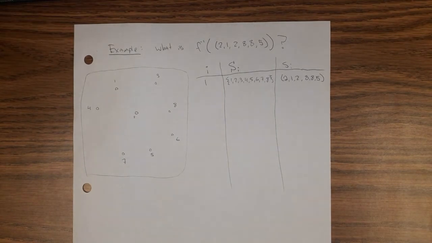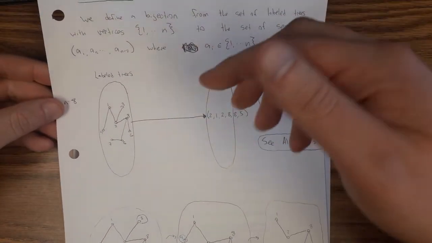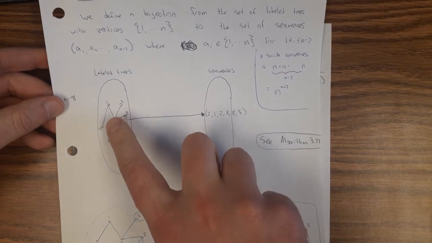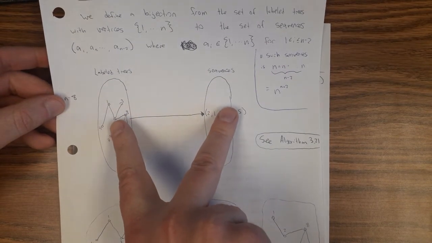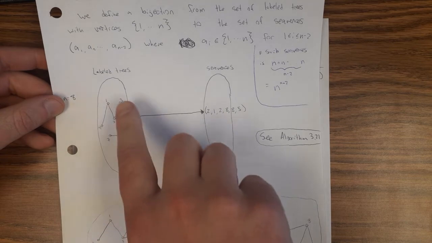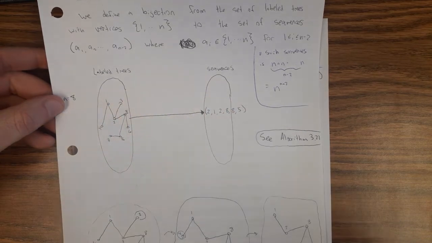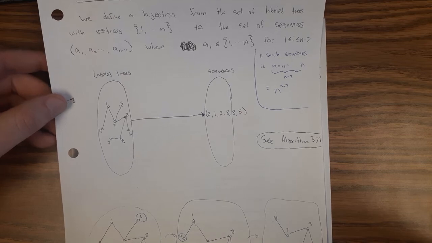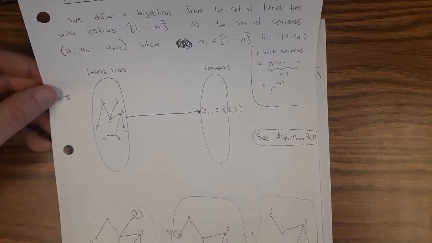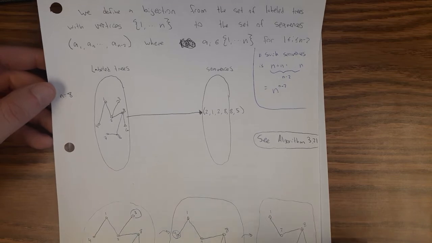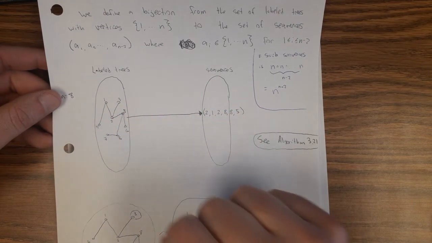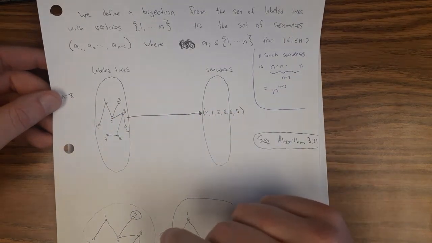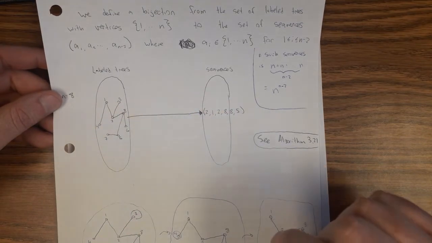What I'm going to do is look at this correspondence again. In other words, this particular tree and this particular sequence. And like I was saying, this procedure that we just described is supposed to be the inverse of the original function that we described from the trees to the sequences.